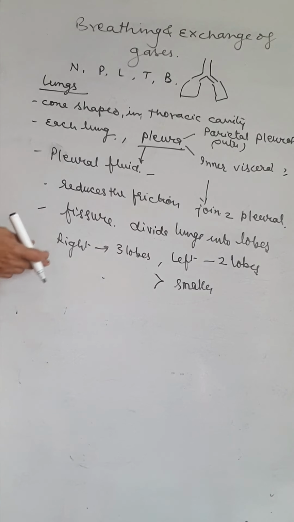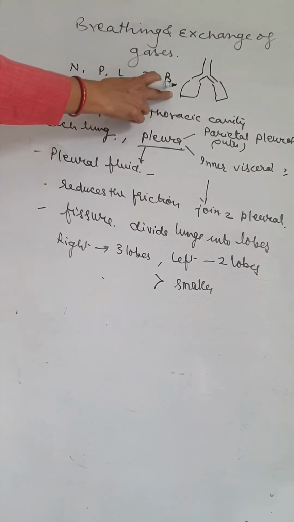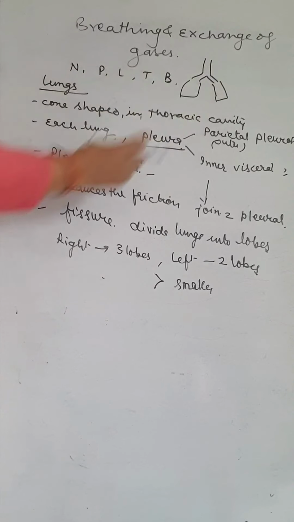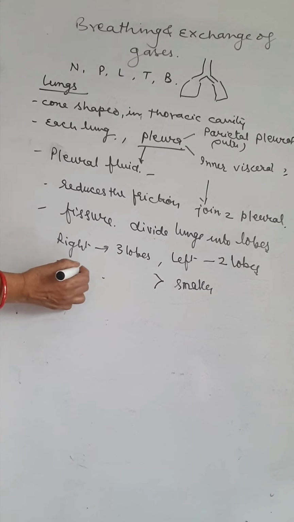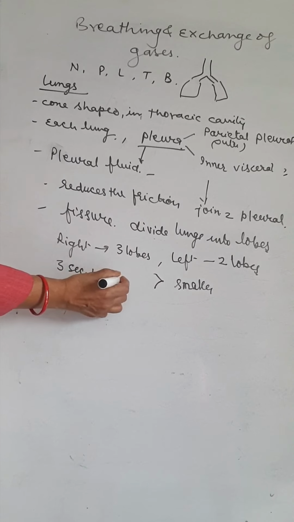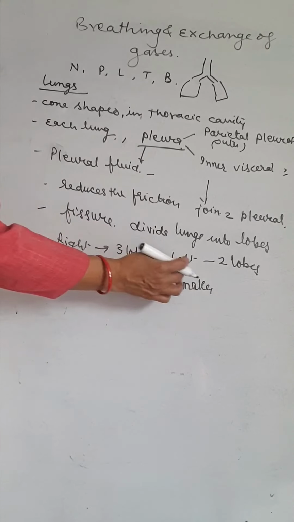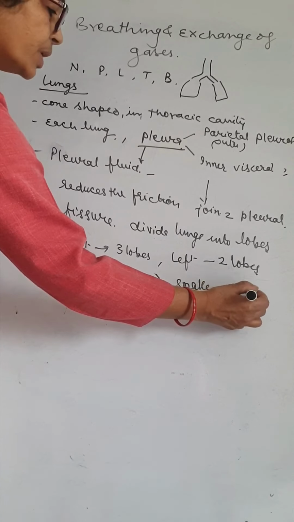The right primary bronchus enters the right lung and the left enters the left lung. Within the lung, the primary bronchus gives rise to secondary bronchi. The right primary bronchus gives rise to three secondary bronchi, and the left lung has two secondary bronchi.